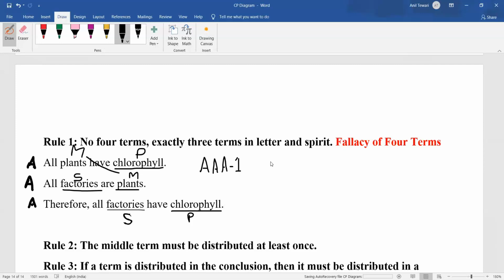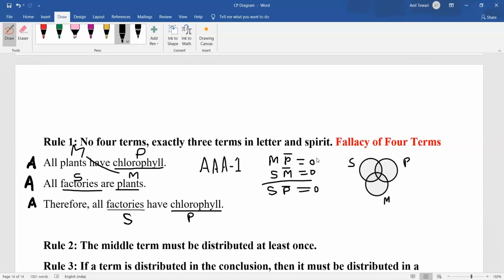You can easily see that MP is an A proposition, so this will be MP bar equal to 0. Then SM bar, again an A proposition, will be 0. And the conclusion is again an A proposition, so SP bar is again 0. You have to just depict the premises.